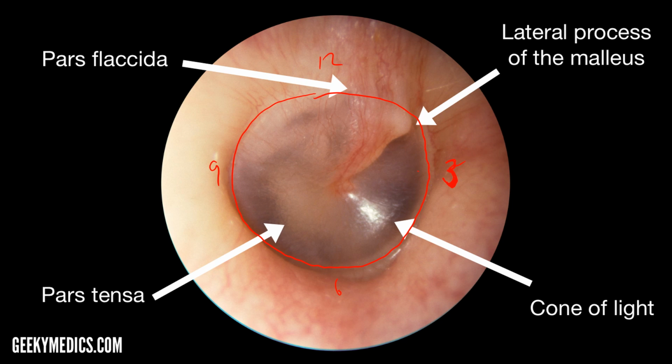It says lateral process of malleus, or we might refer to it as the handle of malleus, which we can abbreviate as HOM. So that's our handle of malleus, which is this landmark here. So we draw a line around this. This is actually part of the first of those bones of hearing. As I say, they're referred to as the ossicles.